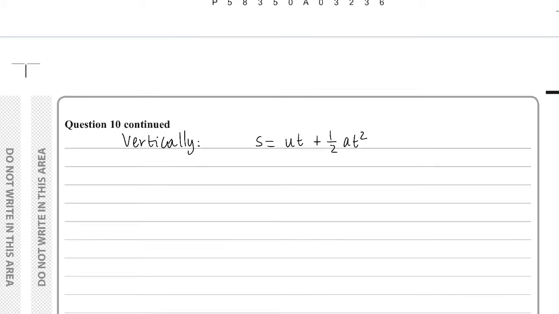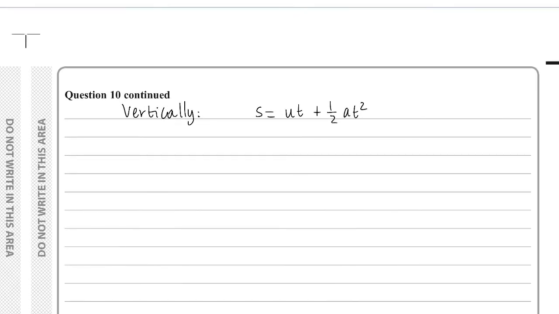So minus 1.25 is u sine alpha t plus a half minus g t squared.